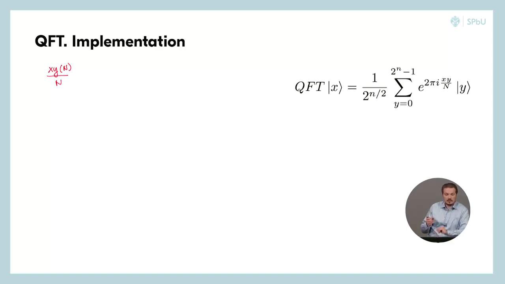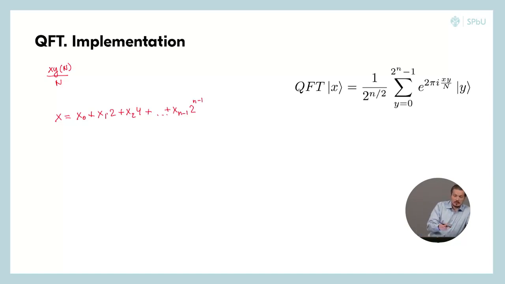And to do this, we are going to need the bit representations of both these integers, x and y. So let's write x as x0 plus x1 multiplied by 2 plus x2 multiplied by 4 etc. and plus x_{n-1} multiplied by 2 to the power n minus 1.